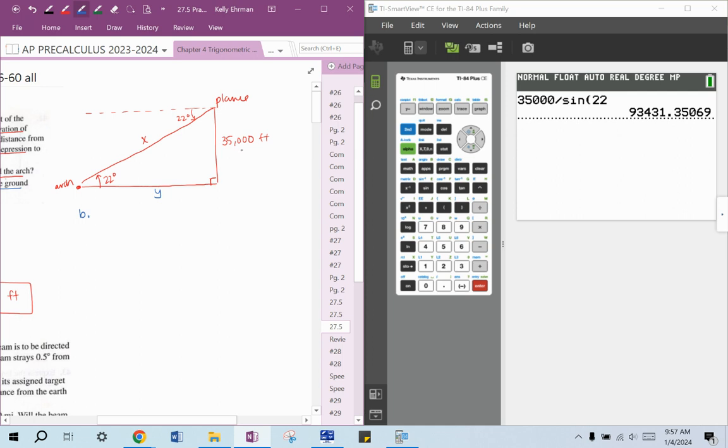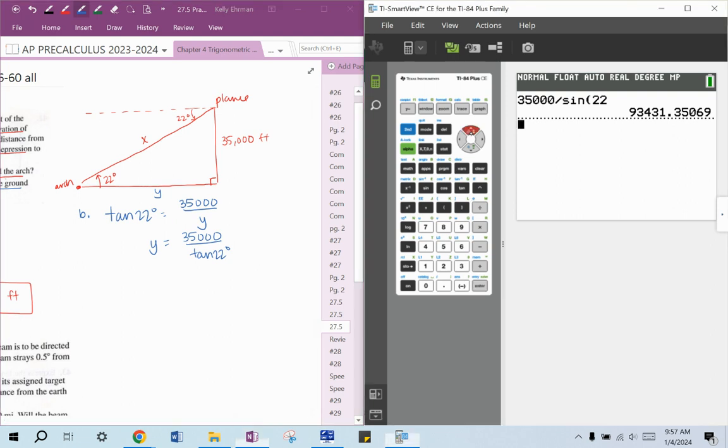So we have opposite and adjacent, which means we need to set up tangent of 22 degrees equals 35,000 divided by y. I'm going to multiply y over to this side and divide tangent of 22 over to this side, just like I did in part A. And then I'm going to type that in, I just need to make one adjustment here.